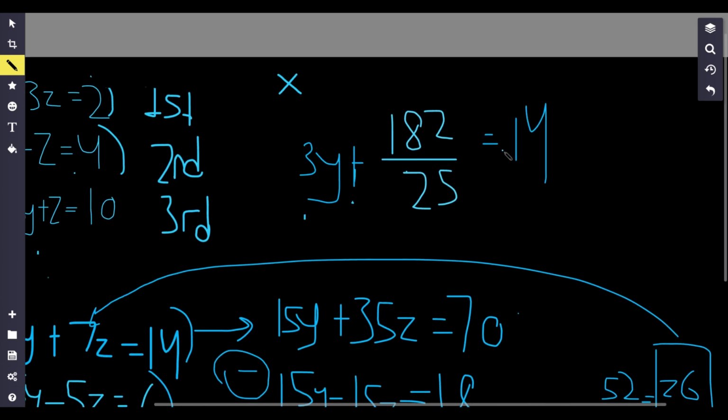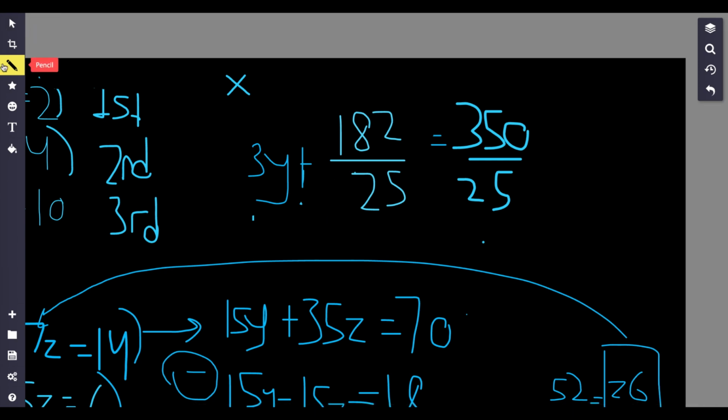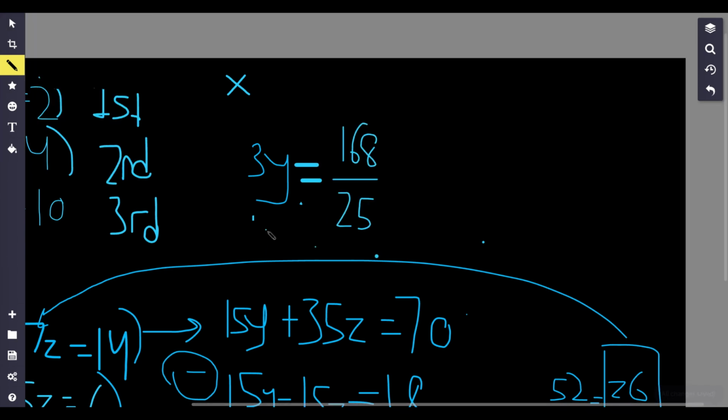We can also rewrite 14 as 350 over 25. Subtract 182 over 25 from both sides. Once we subtract that, we get 168 over 25.